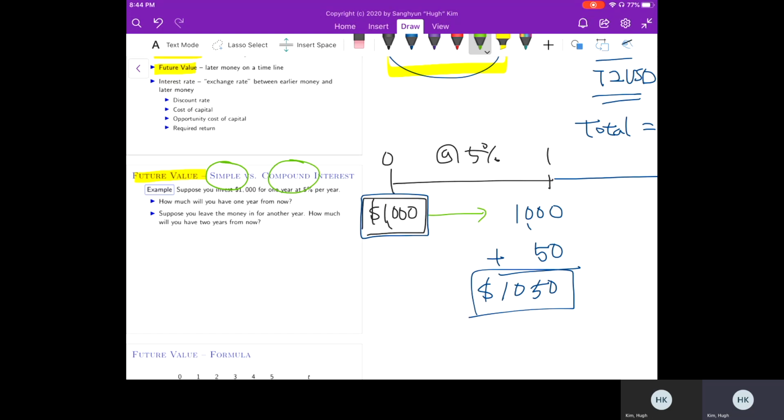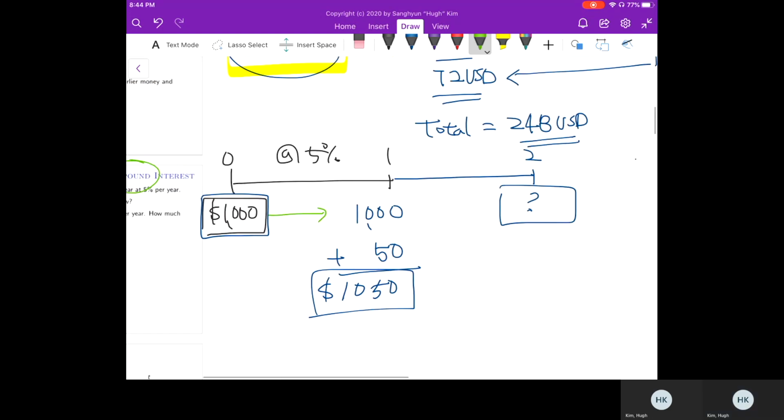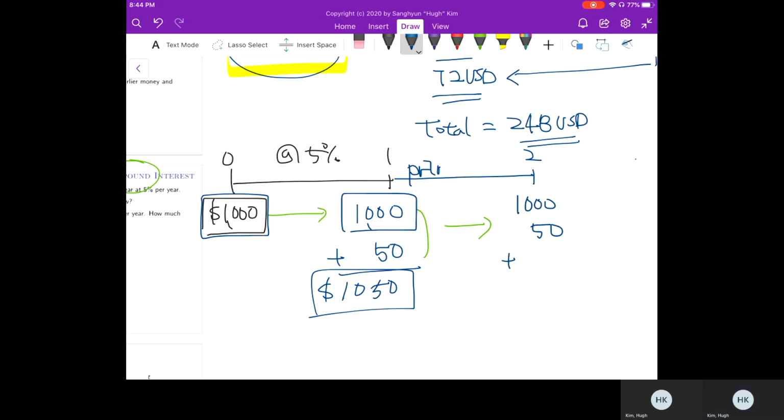So using simple interest, you still have this from the previous year, and you earn interest on your principal.